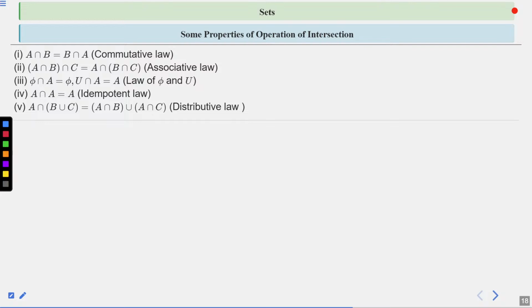If you have 3 sets and an operation like A intersection (B union C), first we have to do the union and then the intersection with A. You can simply find the union first and then intersect with A. Whatever set you get is the same as first finding the intersection of A and B and of A and C, and then taking their union. The final answer would be the same. Clear?